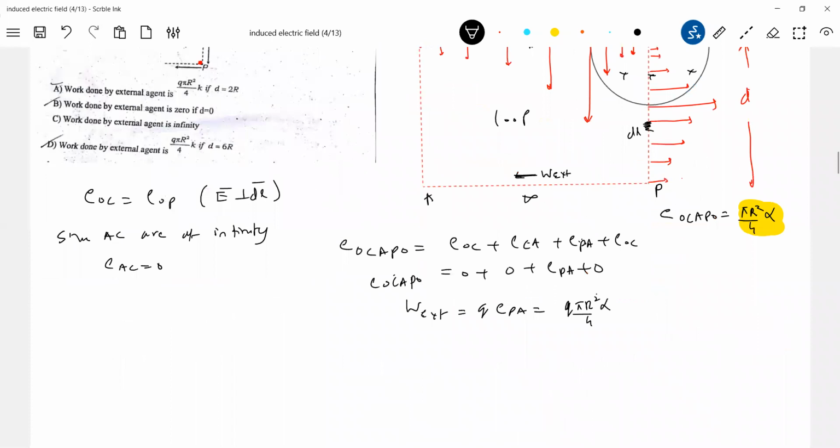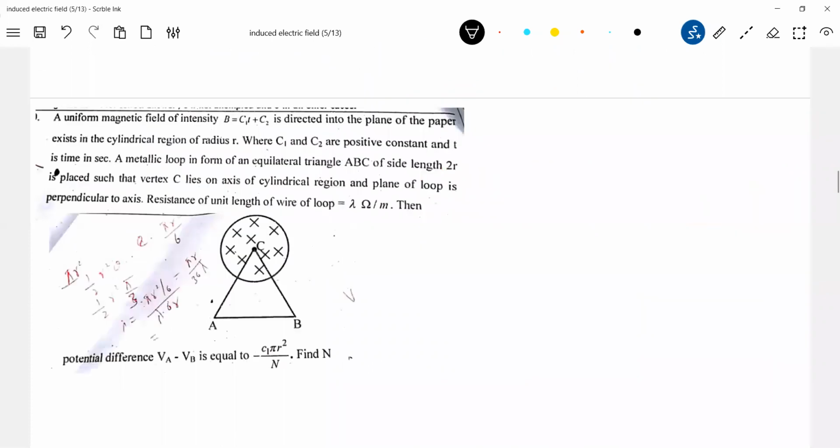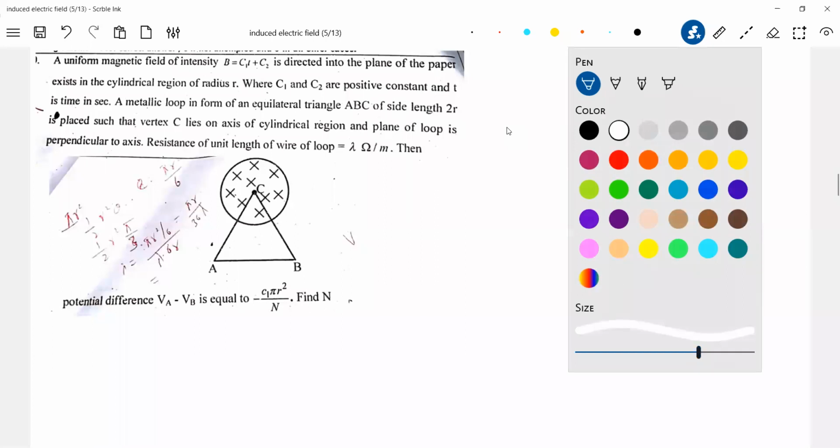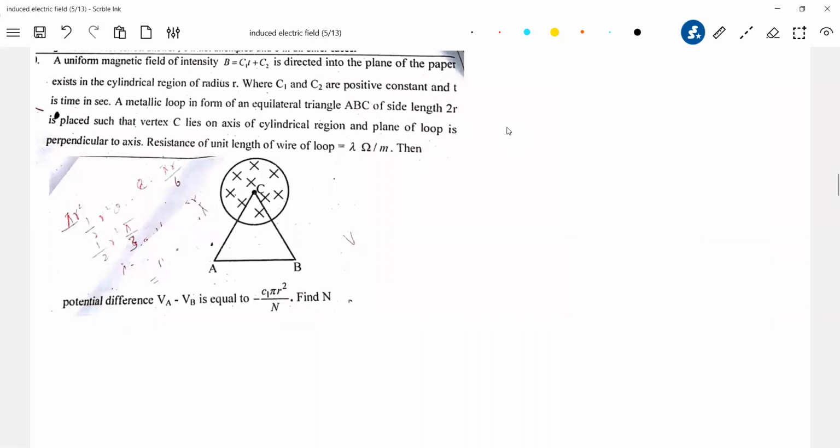Now take the application problems. Read the question, read the question. This you can say the best numericals can be asked here.